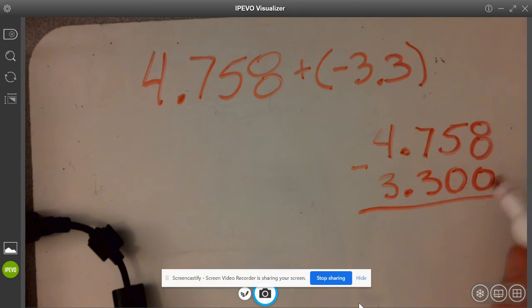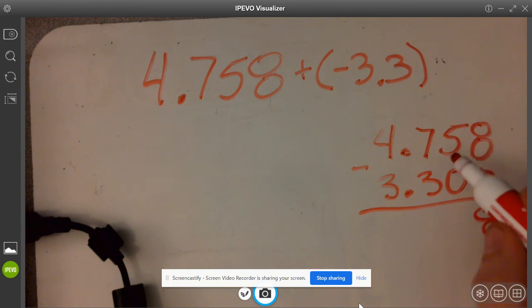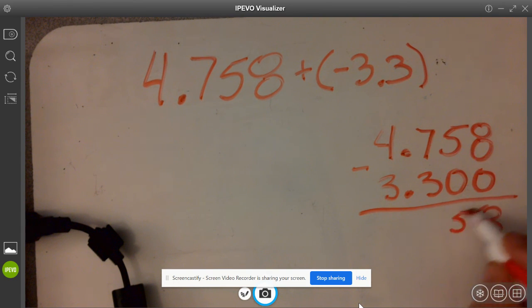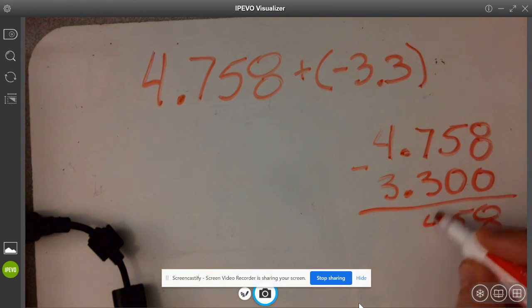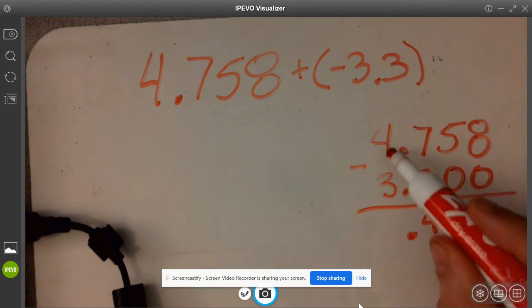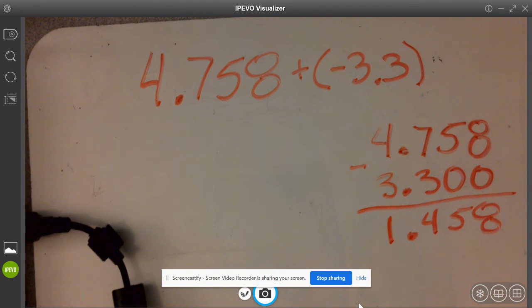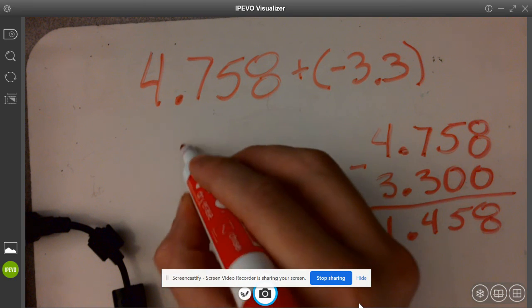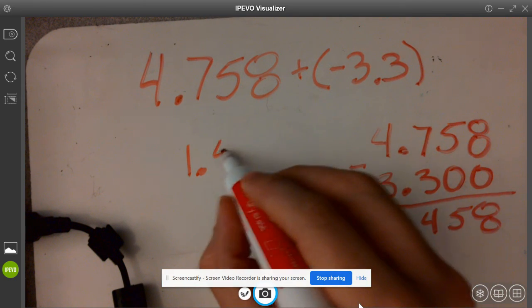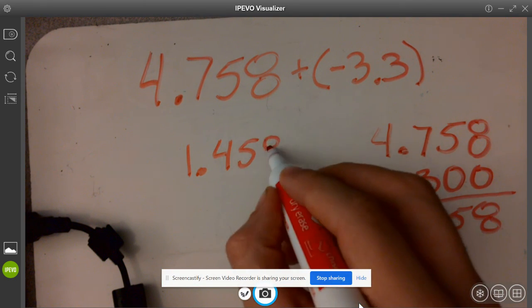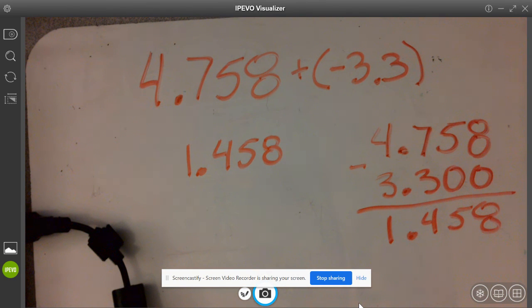All right, 8 minus 0 is 8. Let's go straight down. 5 minus 0 is 5. 7 minus 3, 4. Our decimal place. 4 minus 3 is 1. All right, so we have part of our answer. We just need to confirm whether it's positive or negative. And I said the bigger number is the 4.75.